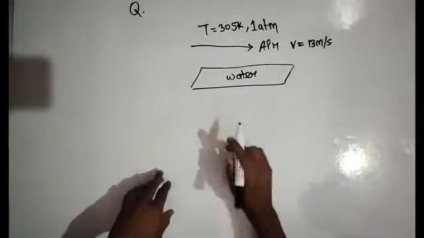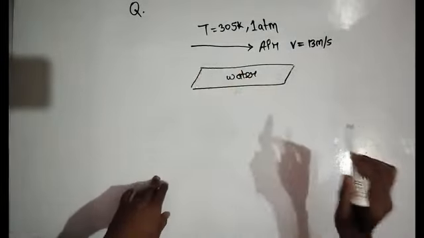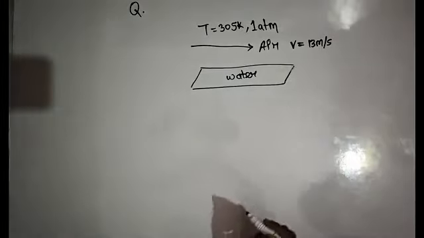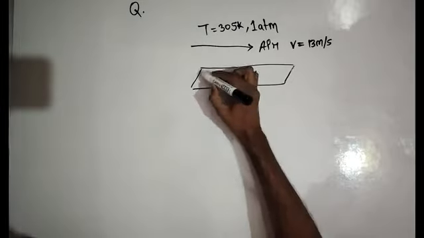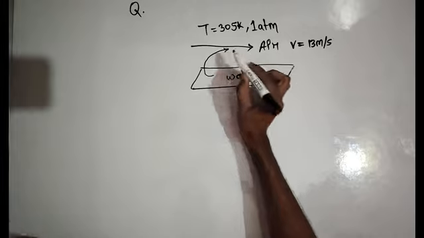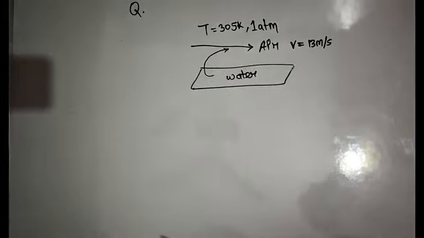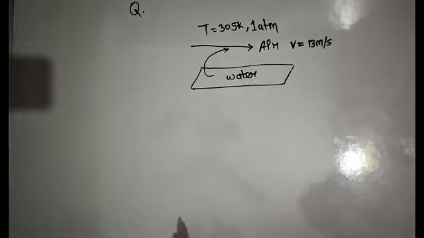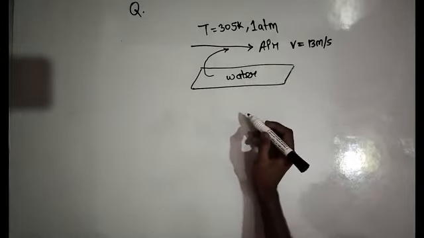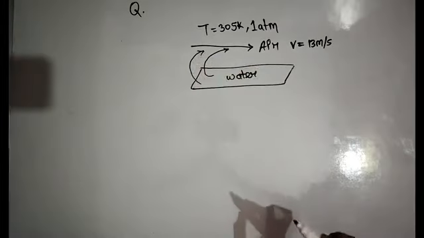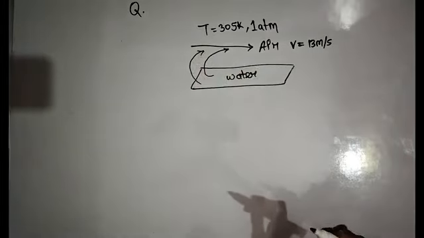So the wind is blowing over the flat plate, and in this process a mass transfer will take place. So the water vapor on the surface will move into the air and the concentration on the surface will decrease. So we have to calculate how much amount of water is lost from the surface and moves to the air.